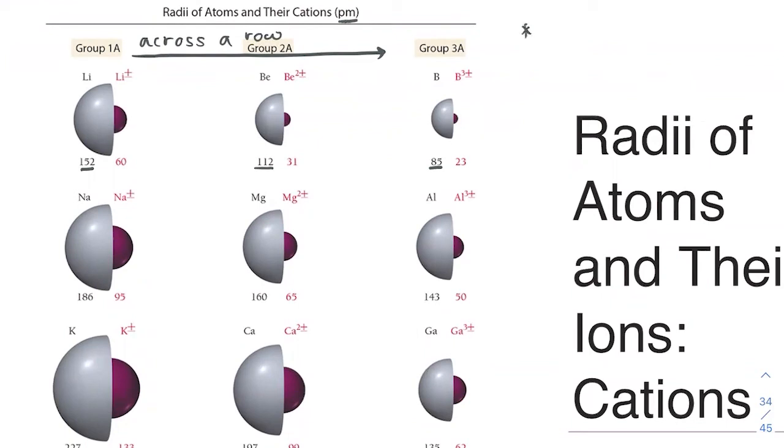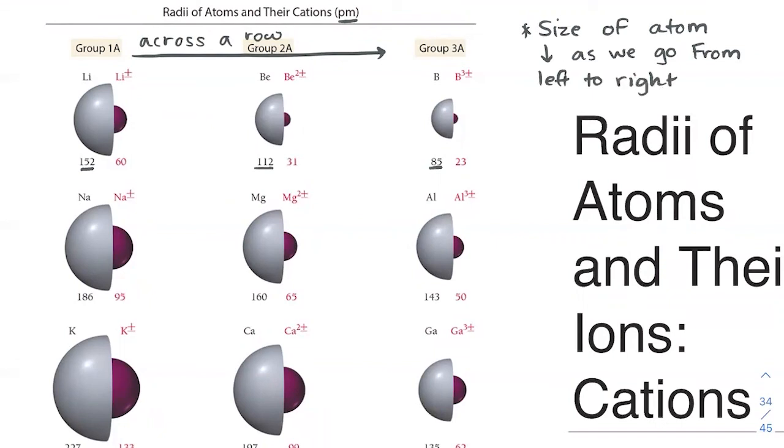So the size of the atom decreases as we go from left to right. Well, what is causing that? The Z effective.